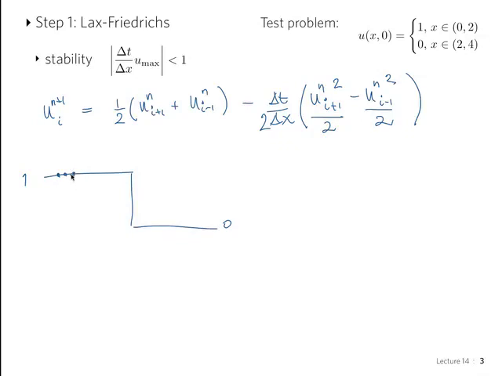Nothing happens. The only possibility of these two being different is when you're at the shock, where the value at the right-hand side is 0 and the value at the left-hand side is 1.